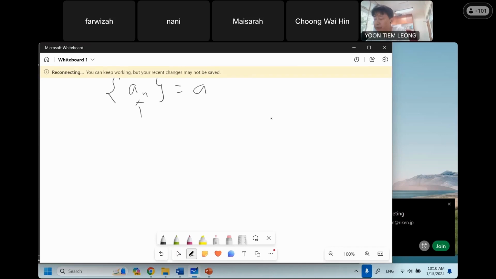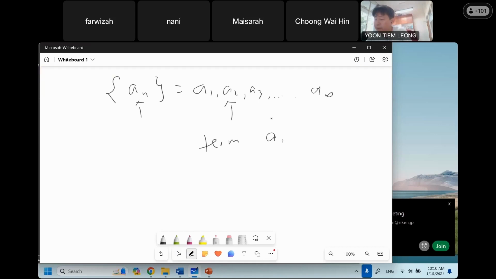For example, you have A1, A2, A3, up to A infinity. Usually, each of the terms here is called a term. So for example, you have the A1 term in the sequence, the A2 term in the sequence, the AN term in the sequence. In each term, the N that appears in the subscript is called the index.